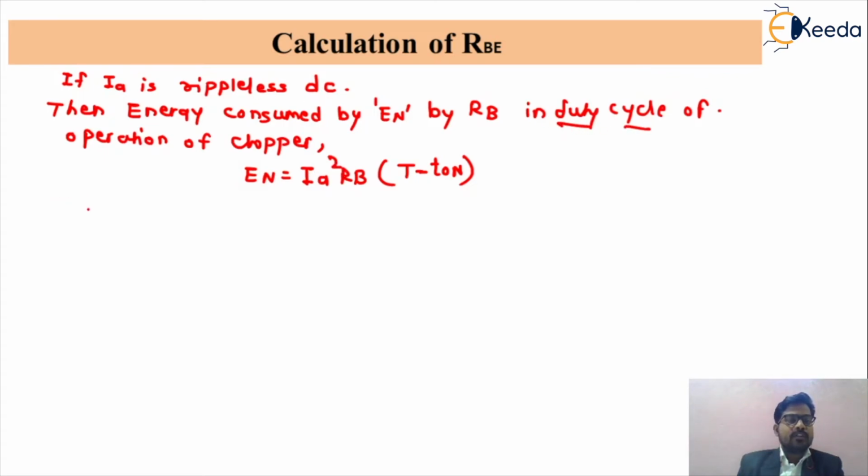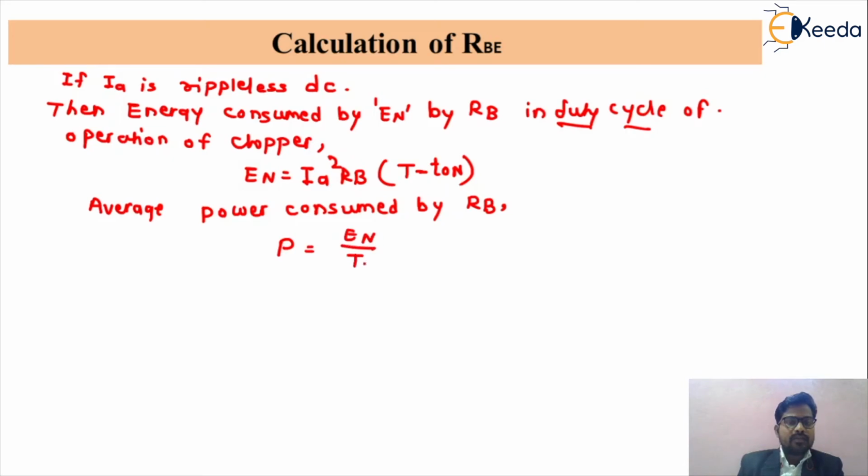Now we want to find the value of the average power consumed by Rb. The power is En by T, where T is the total time period.